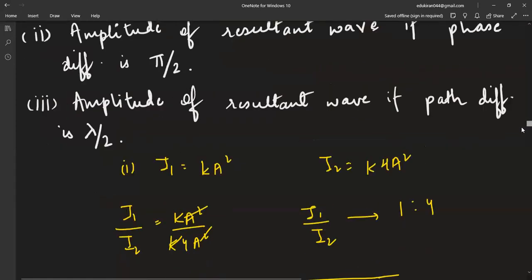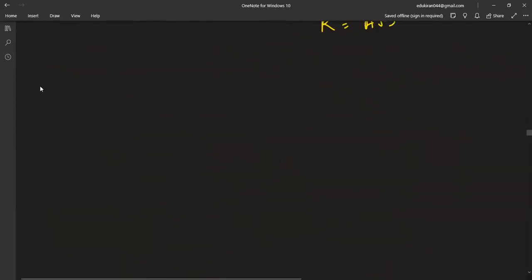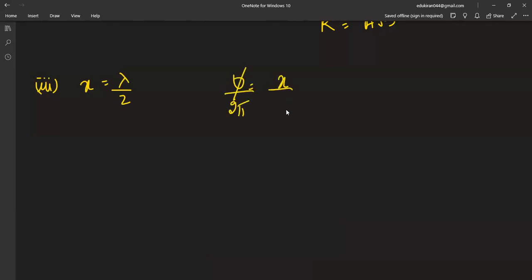Third part says resultant if path difference is lambda by 2. See, x is equal to lambda by 2. So we have to find out what is the phase difference. Phi by 2 pi is equal to x by lambda, with x as lambda by 2.